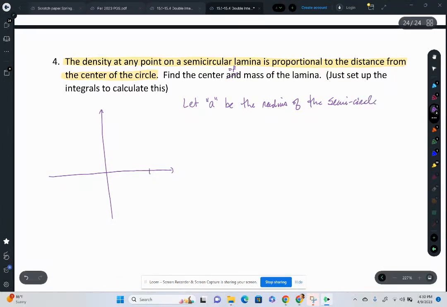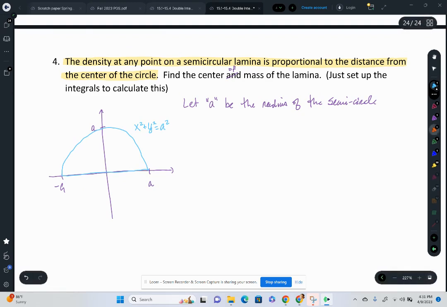Okay, so I'm going to go out by a units, and then I'm going to draw a really terrible semicircle, but it is one nevertheless. That's fine. Okay, so this semicircle has an equation of x squared plus y squared is equal to a squared.